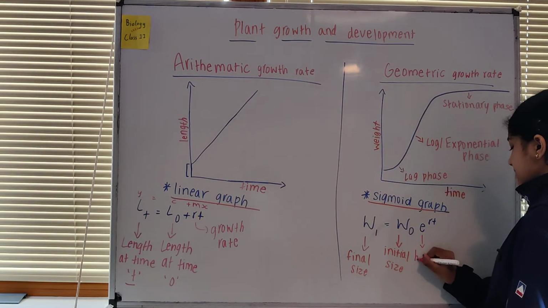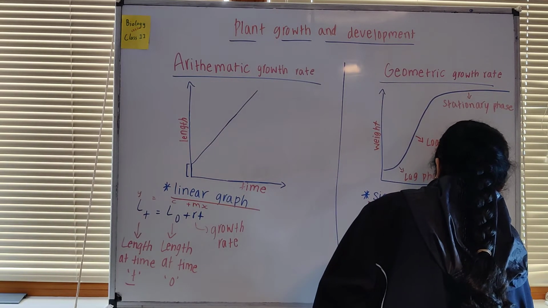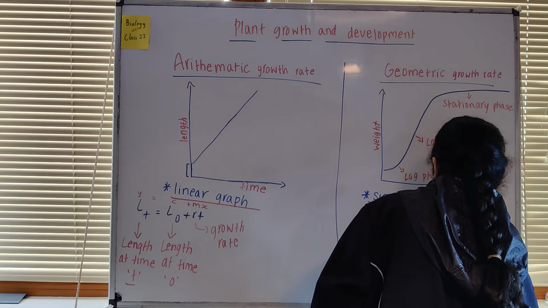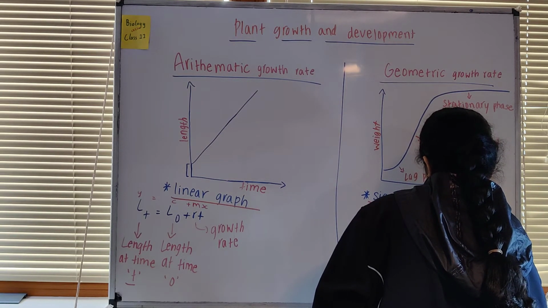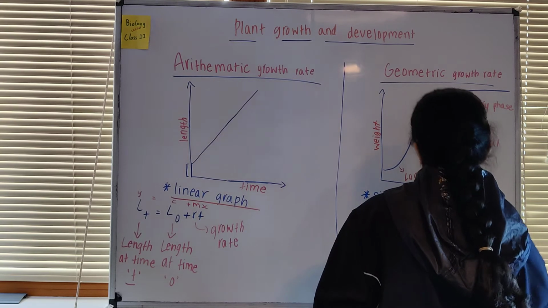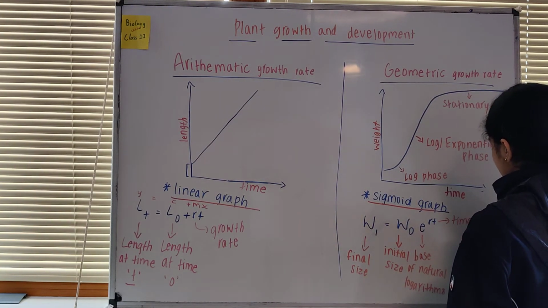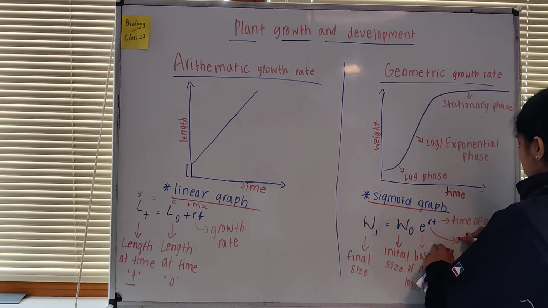E is the base of natural logarithms, or log, base of natural logarithms. T is the time of growth, and R, this particular R, is the growth rate or rate of growth.